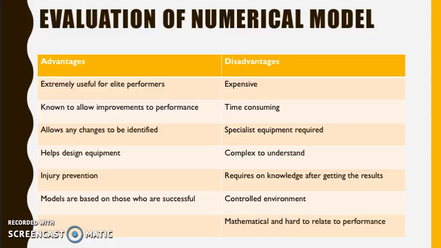It allows an identification method for any problems in a technique that need to be changed. It helps design new equipment. It allows injury prevention, and it's based upon models which have the correct techniques and everything works well for them, so it's quite accurate.